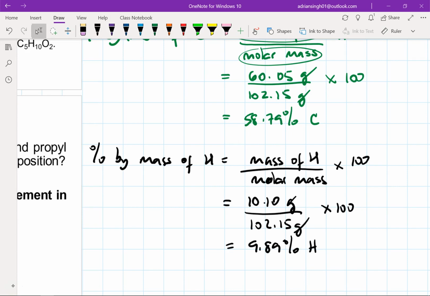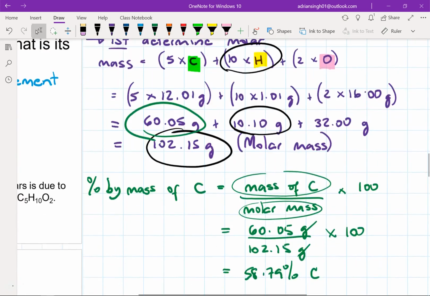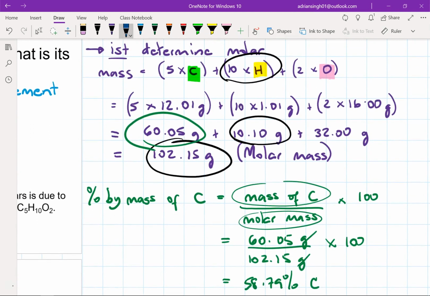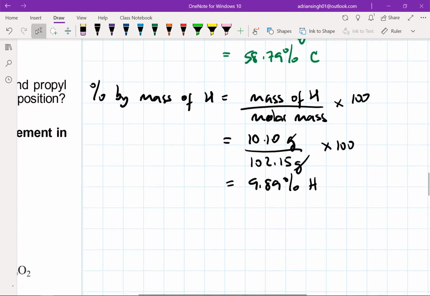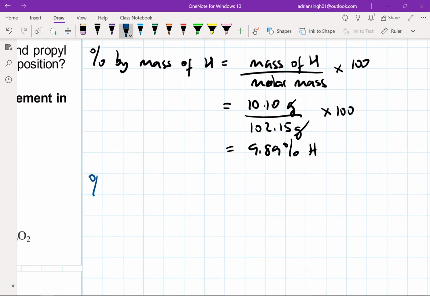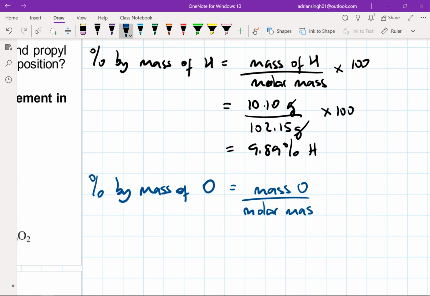And then the third would be the mass of the oxygen, and we have 32 grams of oxygen in that compound. So the percent by mass of O would be the mass of the oxygen divided by the molar mass times 100.